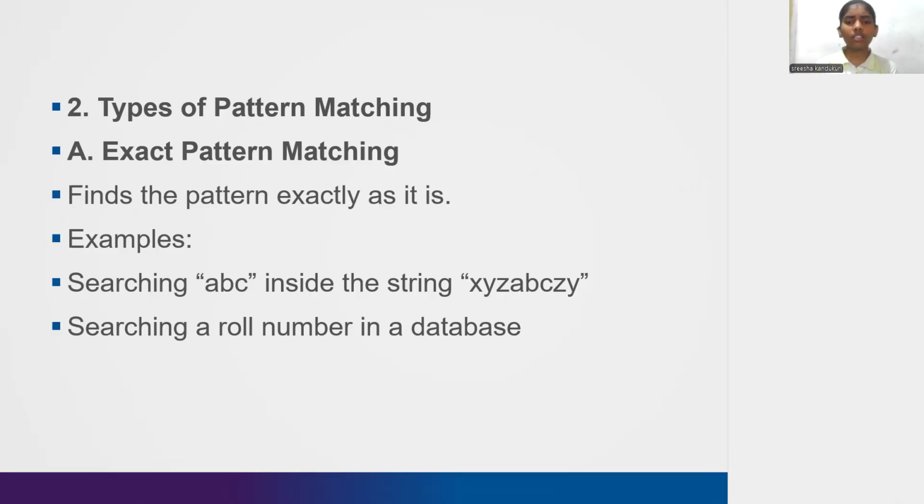Another example: if we have a database of roll numbers and we want only a particular roll number, we just search and it will give it. It is also a simple basic example of exact pattern matching.